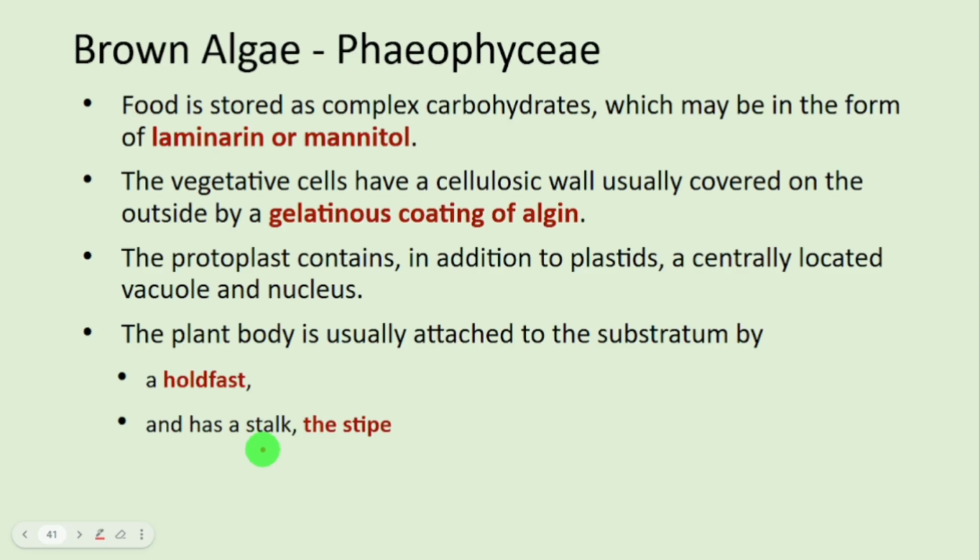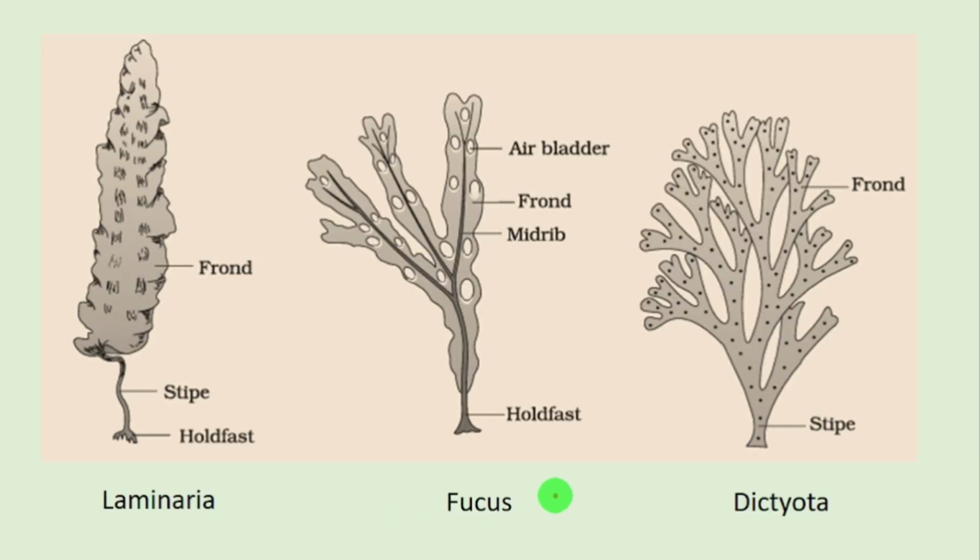Then the stem-like structure, the stalk is called stipe and leaf-like structure is frond. So these are the three examples, laminaria, fucus and dictyota. So this is holdfast and then the stipe and frond, this part, the leaf-like structure, frond.